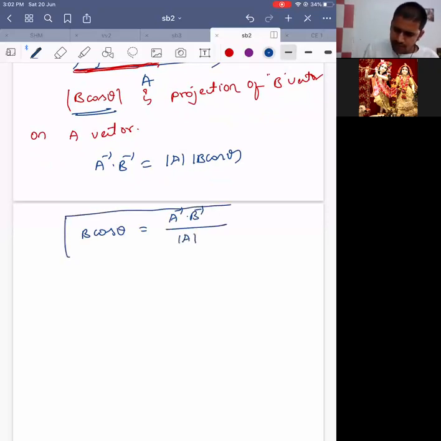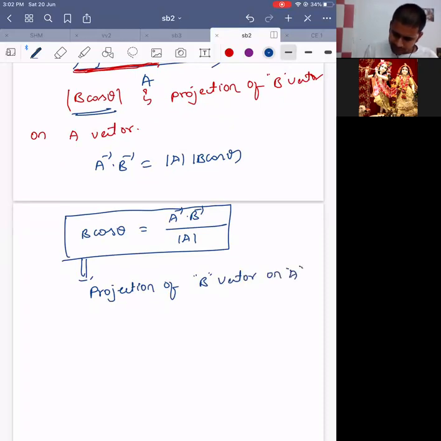So this is the formula for projection of b vector on a vector.